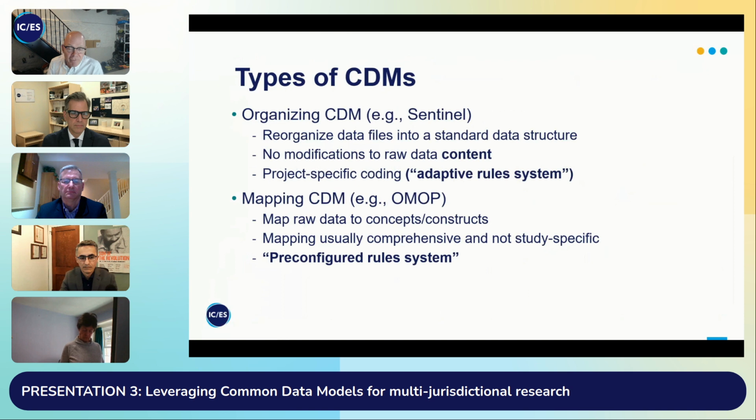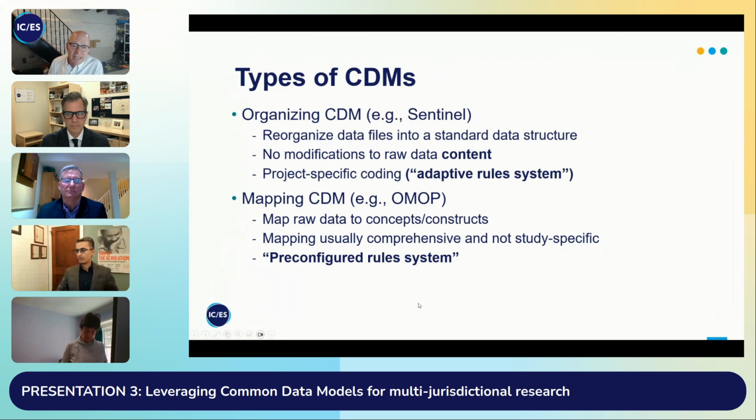So if you have a diagnosis database, it just reorganizes it into ID, date, diagnostic code. It doesn't change the diagnostic codes in the system at all. And this then requires project-specific coding because you have to build your diagnostic definitions on a project-by-project basis. We refer to this as an adaptive rules system.